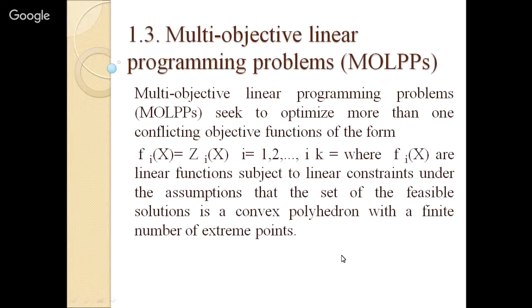So here we assume that you have multiple objective functions, and your feasible region must be a polyhedron with a finite number of extreme points, so that we can calculate the maximum value of each and every individual objective function at those corners. Your feasible region must be a bounded region with a finite number of extreme points, so that you can calculate the maximum and minimum value of each objective function at those points.